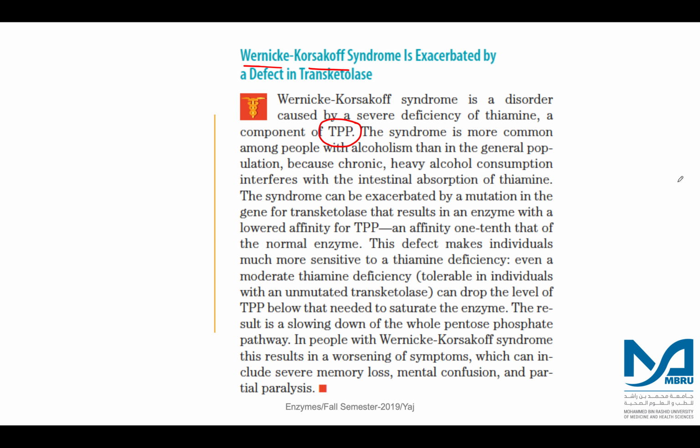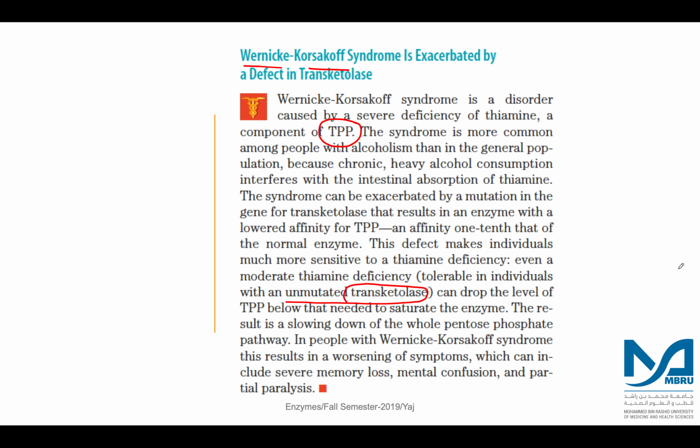You know that pyruvate dehydrogenase requires thiamine pyrophosphate. Alpha ketoglutarate dehydrogenase requires thiamine pyrophosphate. But one of the enzymes of the pentose phosphate pathway also requires thiamine pyrophosphate, and this is the transketolase enzyme. So if thiamine pyrophosphate is deficient, the transketolase enzyme cannot function because it requires that as a cofactor.